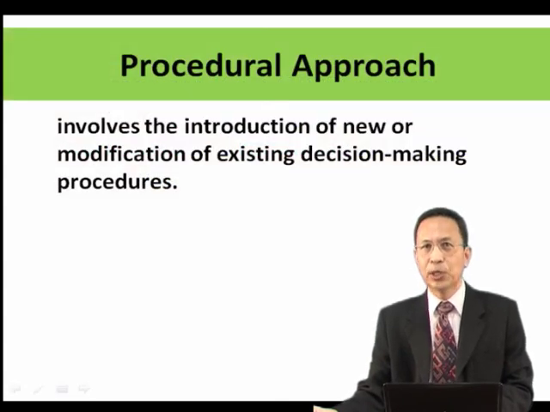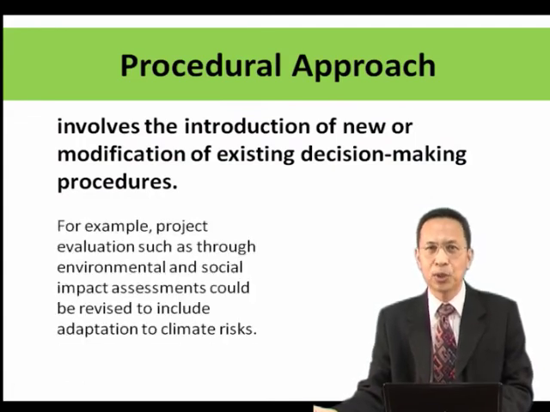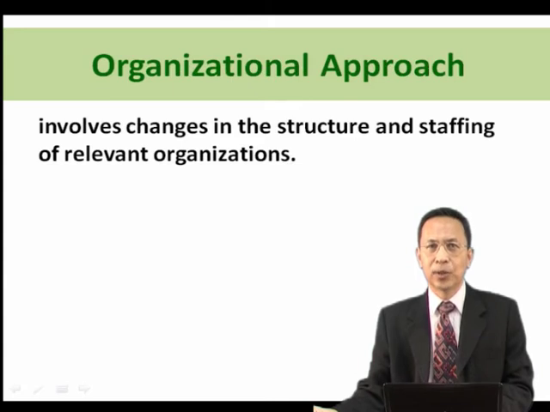First, the procedural approach involves the introduction of new or modification of existing decision-making procedures. For example, project evaluation, such as through environmental and social impact assessments, could be revised to include adaptation to climate risks. Secondly, the organizational approach. It involves changes in the structure and staffing of relevant organizations.